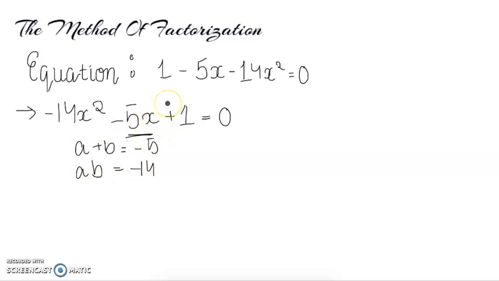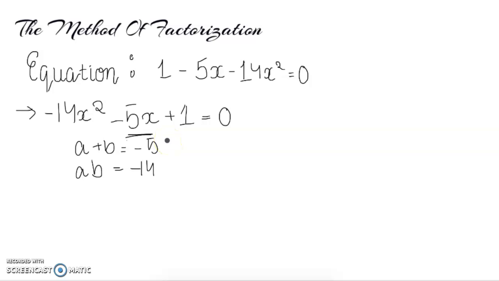Now, can you think of two factors in which the sum is minus 5 and the product is minus 14? Pause the video and give it a think. Well, the two factors are minus 7 and 2. Minus 7 times 2 is minus 14, and minus 7 plus 2 is equal to minus 5.